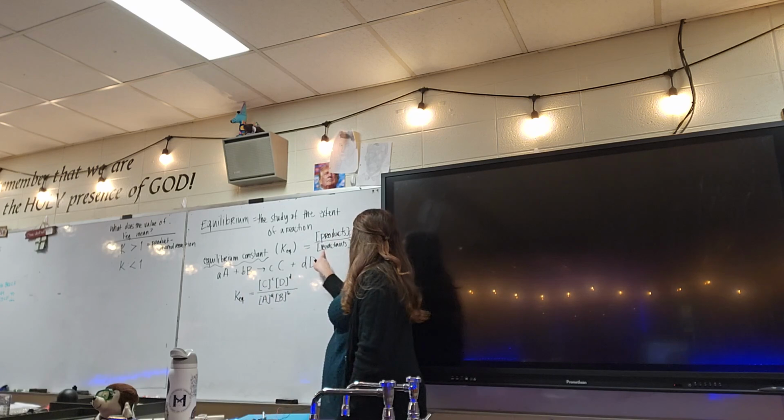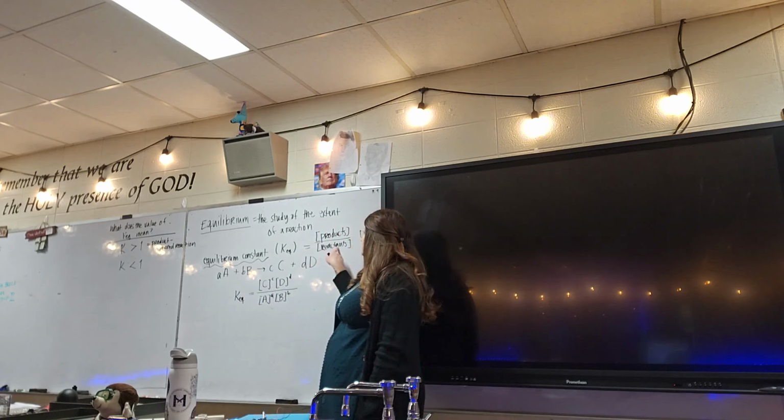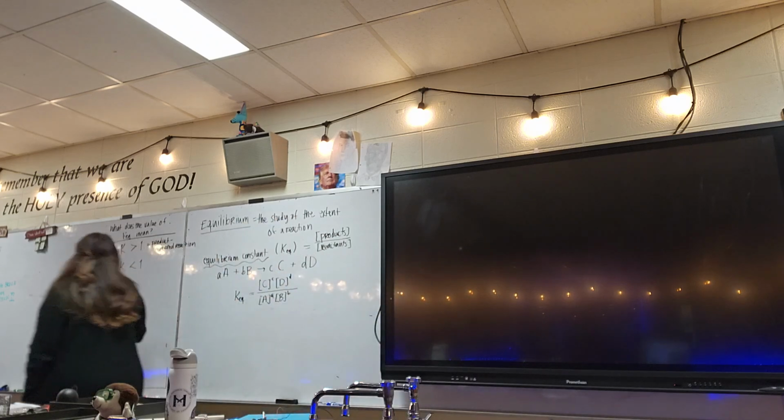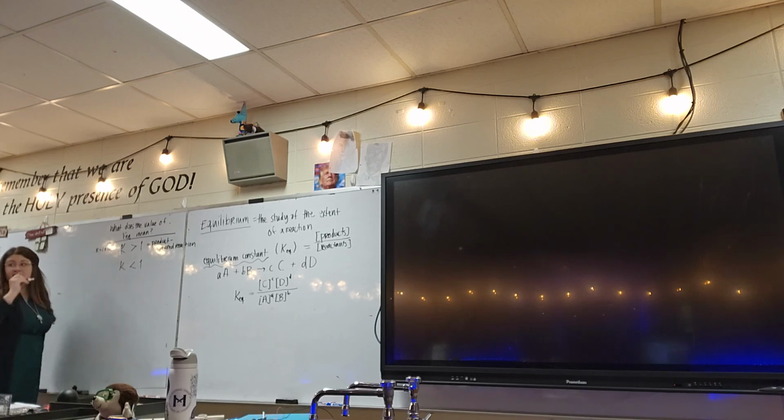So what does that mean? If the reactant amount is almost 0, K will be a very large number. I think the K value for solid sodium and water is like 1 times 10 to the 40. So really a big number.